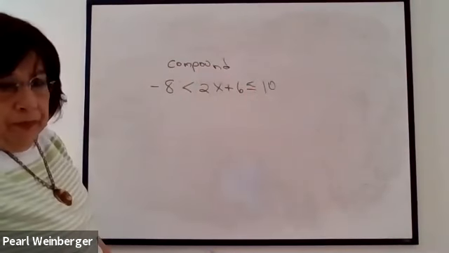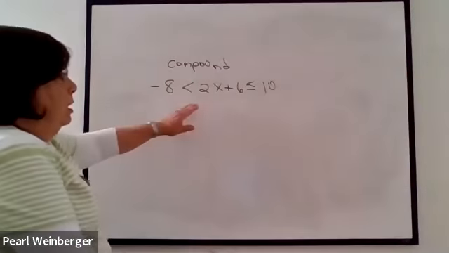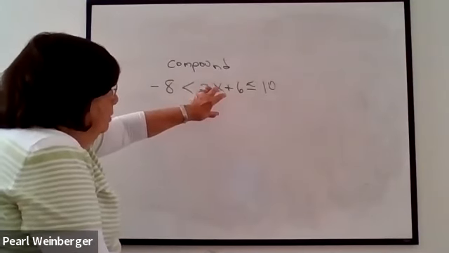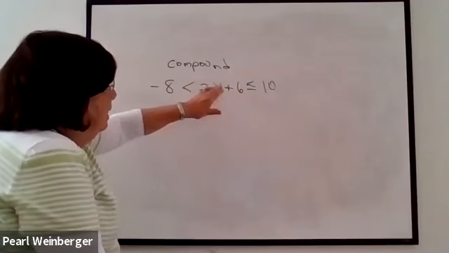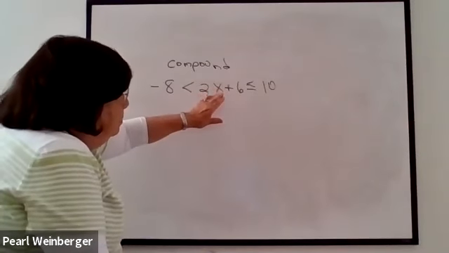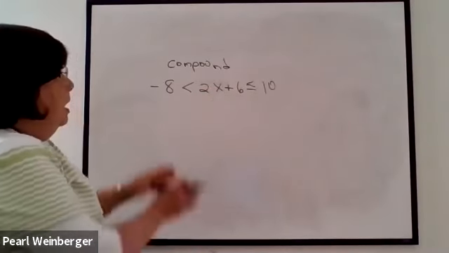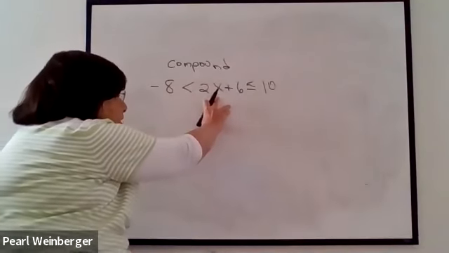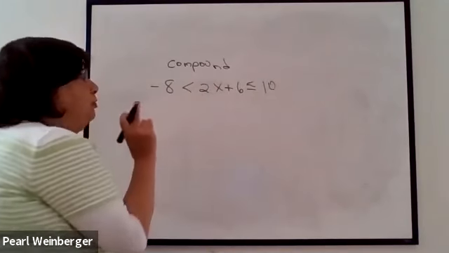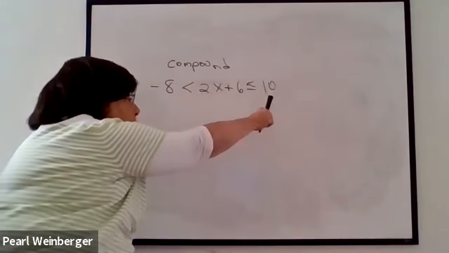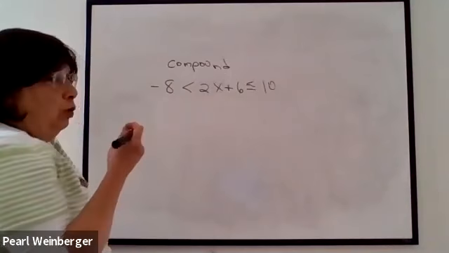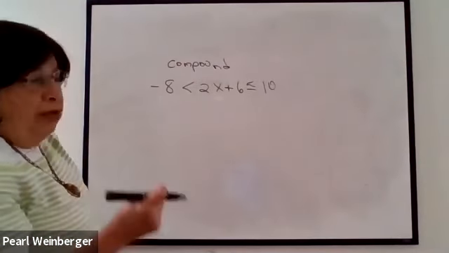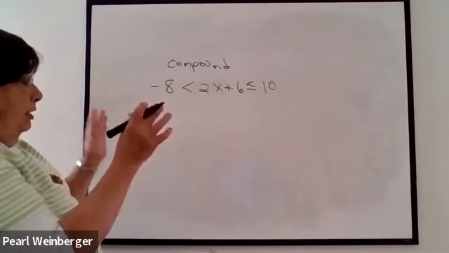So when I want to solve a compound inequality, what I'm aiming for is to get just a plain x in the middle. I always focus on what's in the middle, and whatever I decide to do in the middle, I have to do on either end, because I'm trying to solve two inequalities in one shot.